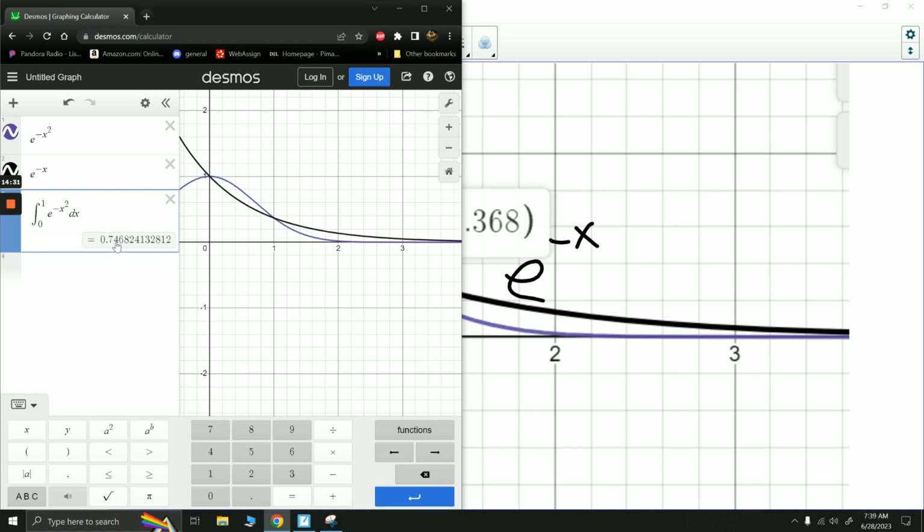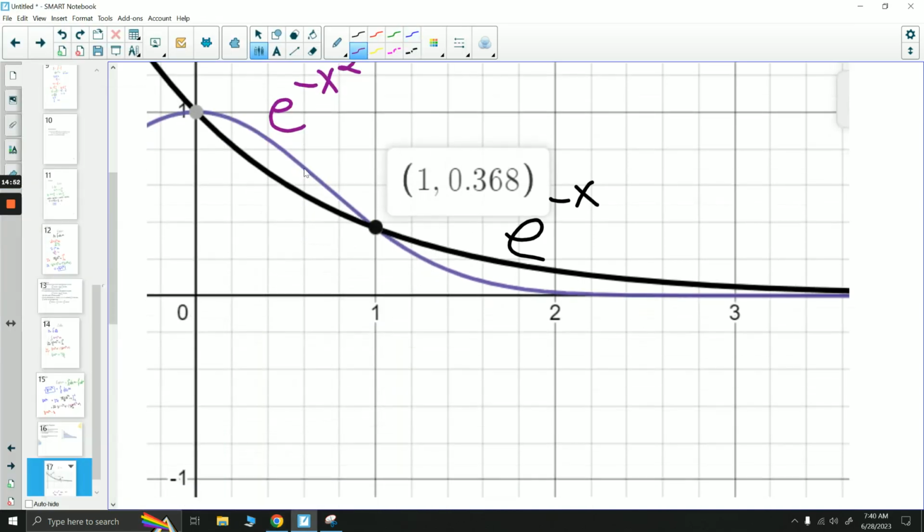Desmos most likely doesn't find the integral via tables in this case. What it basically does is approximate it to a certain point, which is something we learn later on when we start talking about series. Okay, so it's 0.746. Again, it's less than 1. It converges, so we don't have to worry about this portion. All we have to show is that this portion converges.